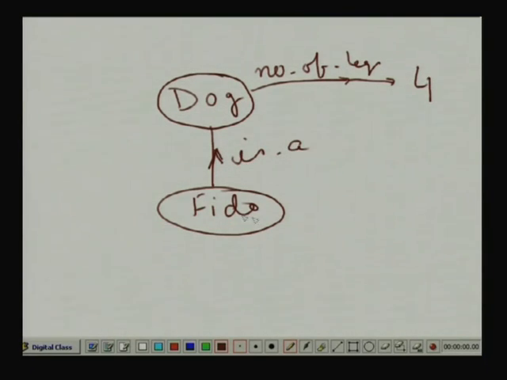Now, this picture very clearly shows the relationship that Fido is a dog and the number of legs of dog is 4.